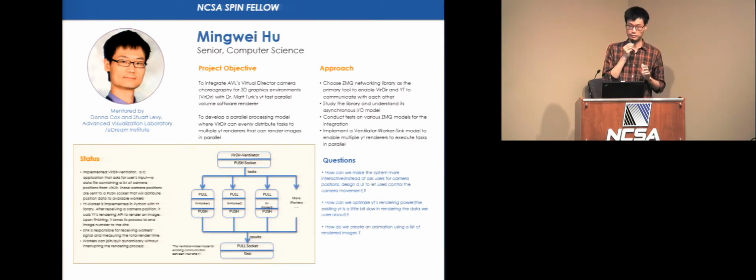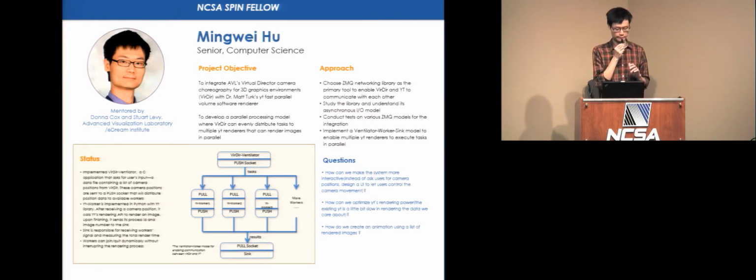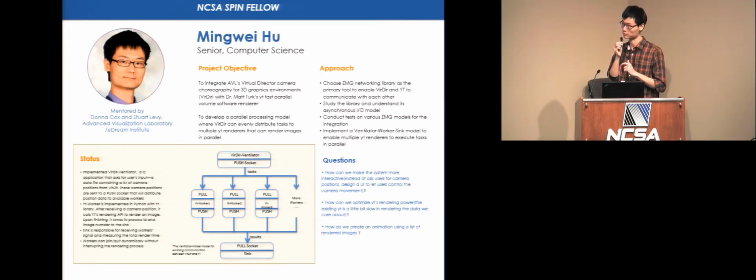This is different from the traditional network socket, because in a traditional network socket, if a sender sends something and there's no receiver, the packet would possibly be lost. But in this 0MQ model, the message sent will be queued in the underlying layer, so even though there is no receiver available, the message will not be lost. This is pretty suitable for our case because we need different YT workers to join and quit at any time.